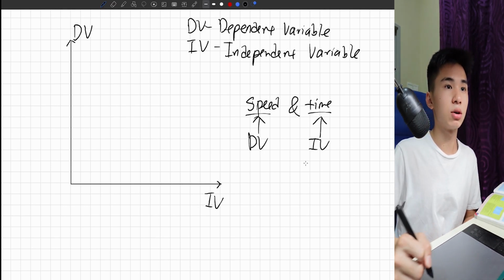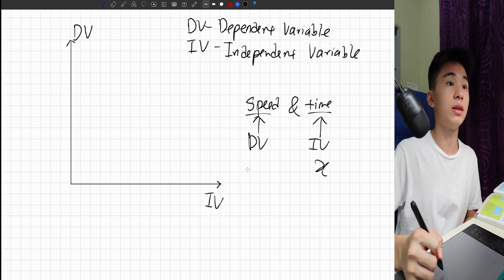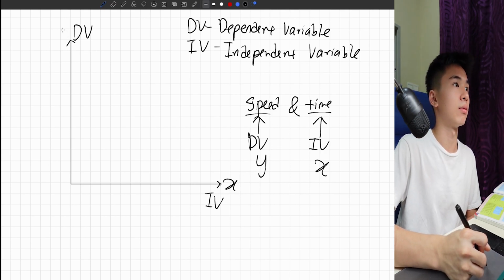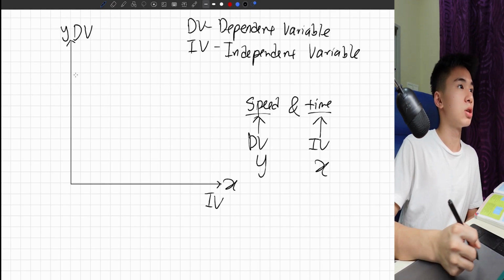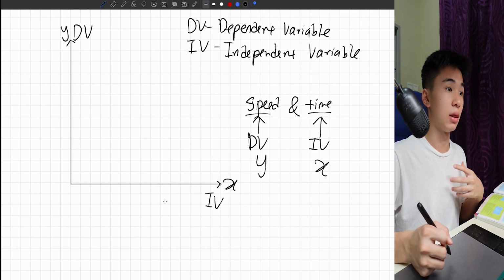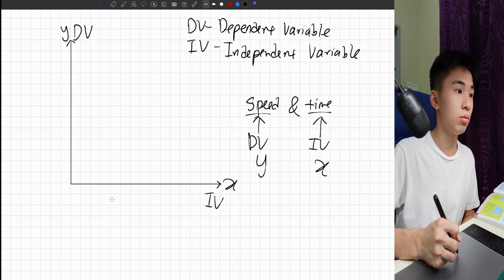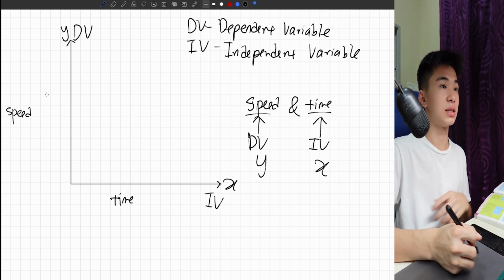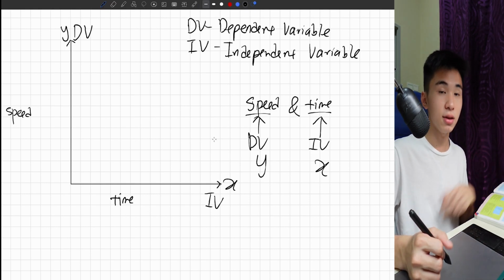The IV is always on the x-axis and the DV is always on the y-axis. So x and y. Right here, time is independent, which means it's on the x-axis. If time is on the x-axis, in this case the speed is going to be on the y-axis.